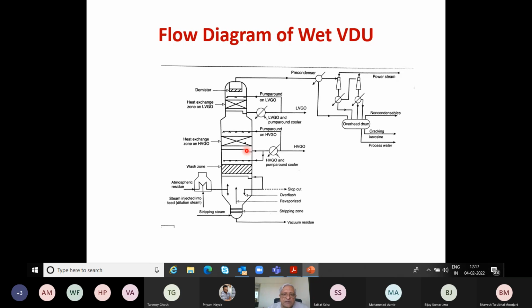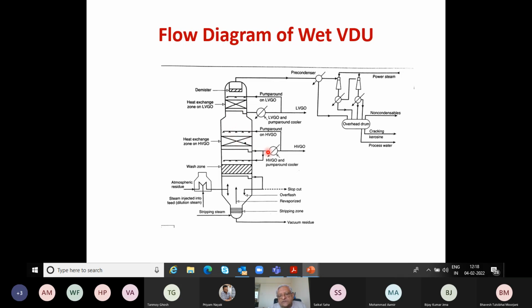As a result, we try to control the vapor liquid traffic in this column. By taking part of this liquid, cooling and condensing, we reduce the vapor going to the top, because we are withdrawing the HVGO. If I didn't have this LVGO, HVGO withdrawal, and we withdrew everything from the top, then the entire vapor liquid traffic would be very high. So that is one economic reason: we can have good control on the column diameter.